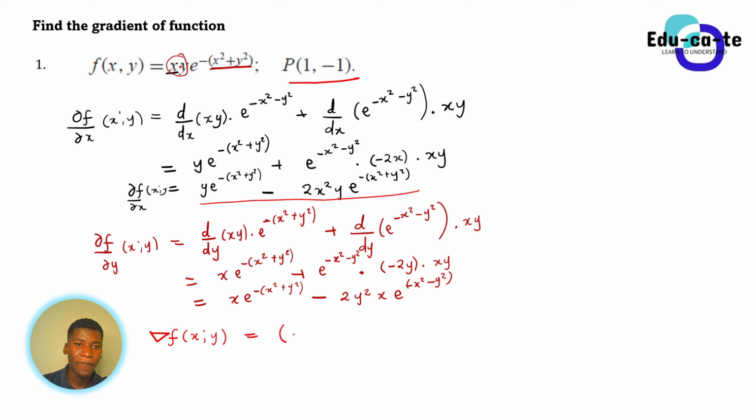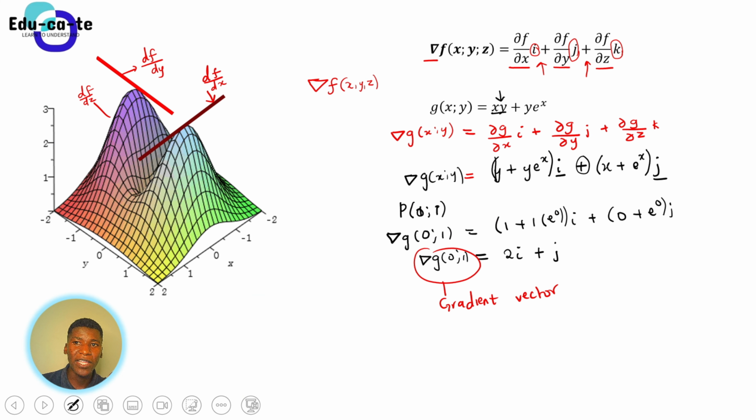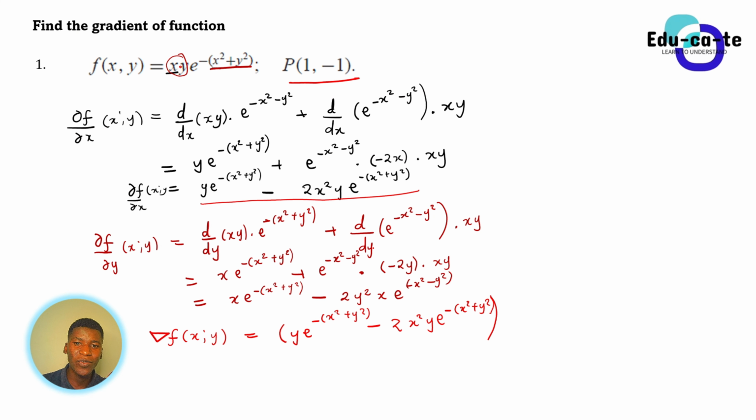It is given by y e to the power of negative x squared plus y squared, and then this is minus 2x squared y e to the power of negative x squared plus y squared again, and this is all the partial derivative of x. Remember that on the partial derivative of x, we're going to put a unit vector i next to it. Then this is plus, because we are computing a gradient, we need to add the values.